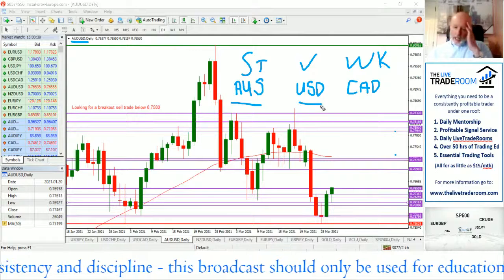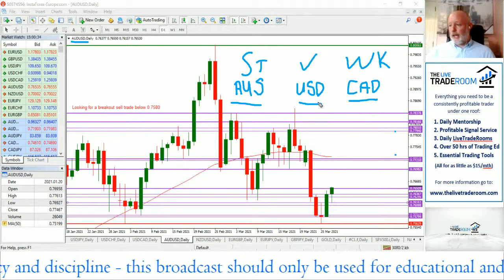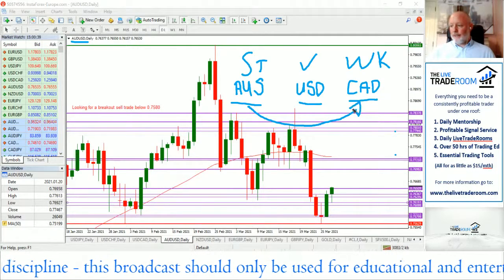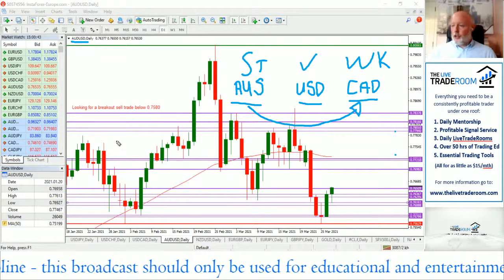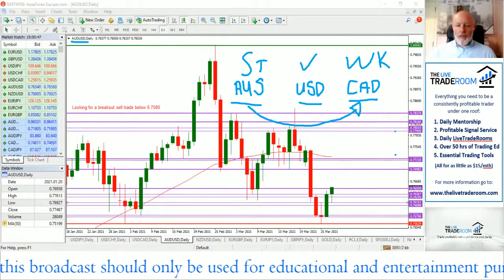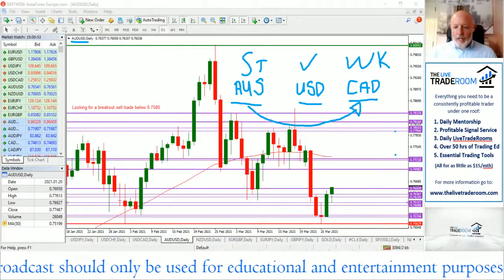The US dollar is sort of middle of the road, and by far the Canadian dollar is the weakest. So looking at the Aussie CAD, you are currently looking at a buy trade, and that absolutely fits with the analysis of strength versus weakness. So that's the first thing.